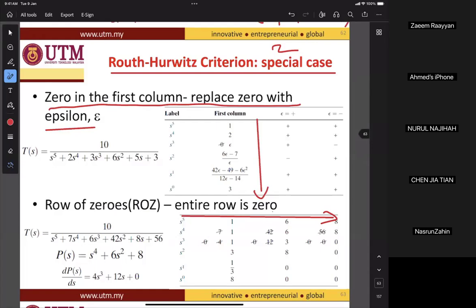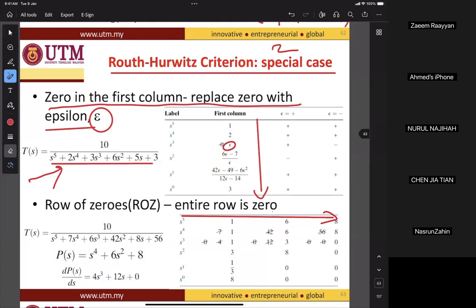For a 0 in the first column, for example, we have this closed loop transfer function with the given characteristic equation. You plug in, and the 0 you replace with epsilon. Epsilon is a small positive or negative number that can be used in the first column to see the polarity, whether it is positive or negative.